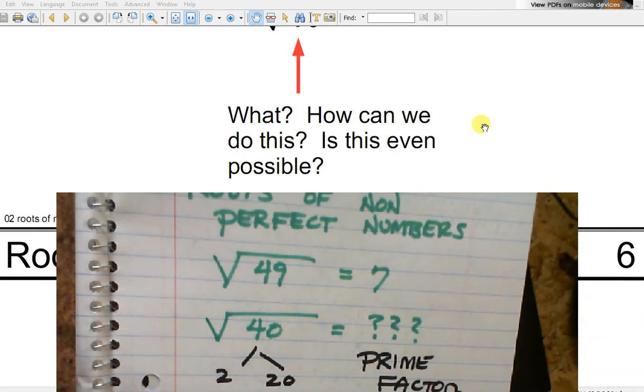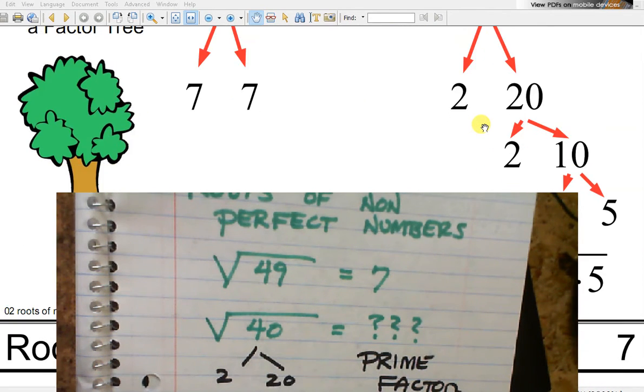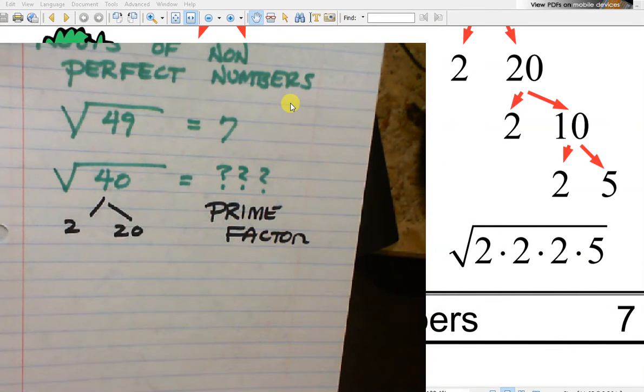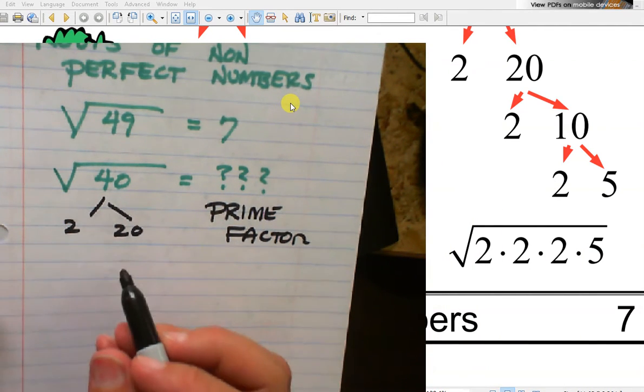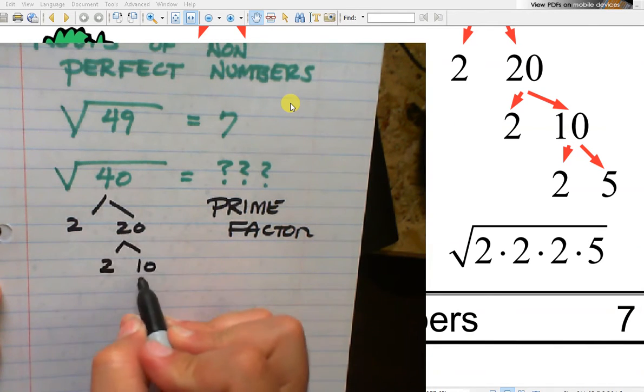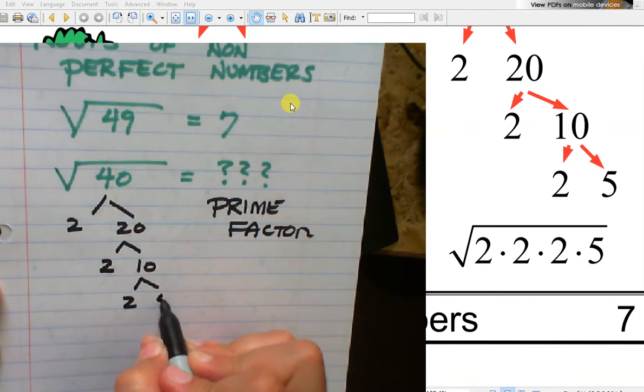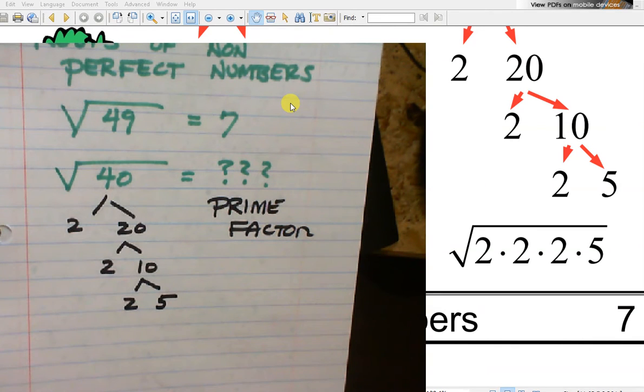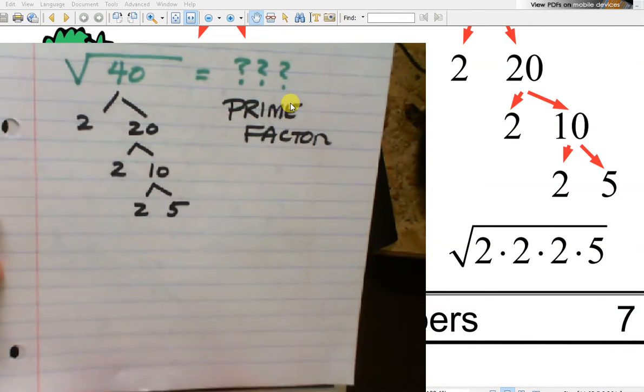Actually, let me follow my notes. A 2 times the 20. And a 20 is a 2 times a 10. And a 10 is a 2 times a 5. So I prime factor out the square root of 40. And what am I left with?